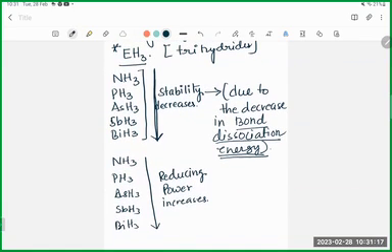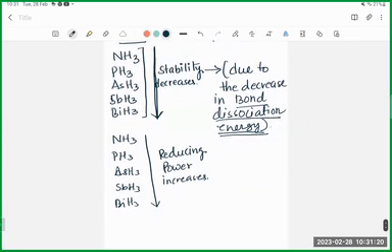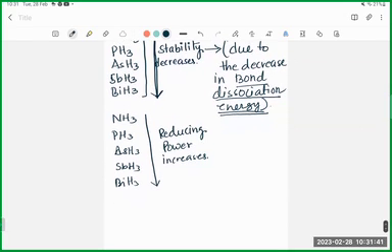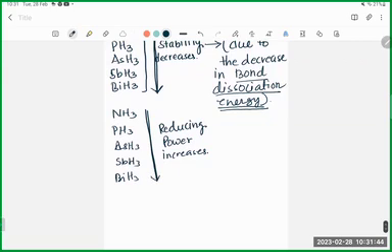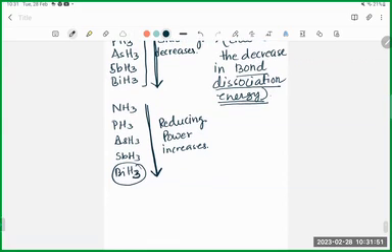Why is the reducing characteristic increasing as we go down? This is again because of the bond dissociation energy. As the dissociation energy decreases, the compound dissociates easily and is easily available for the reduction process, acting as a reducing agent. That's the reason that as we go down a group, reducing characteristic increases. So bismuth holds highly reducing power as compared to ammonia.